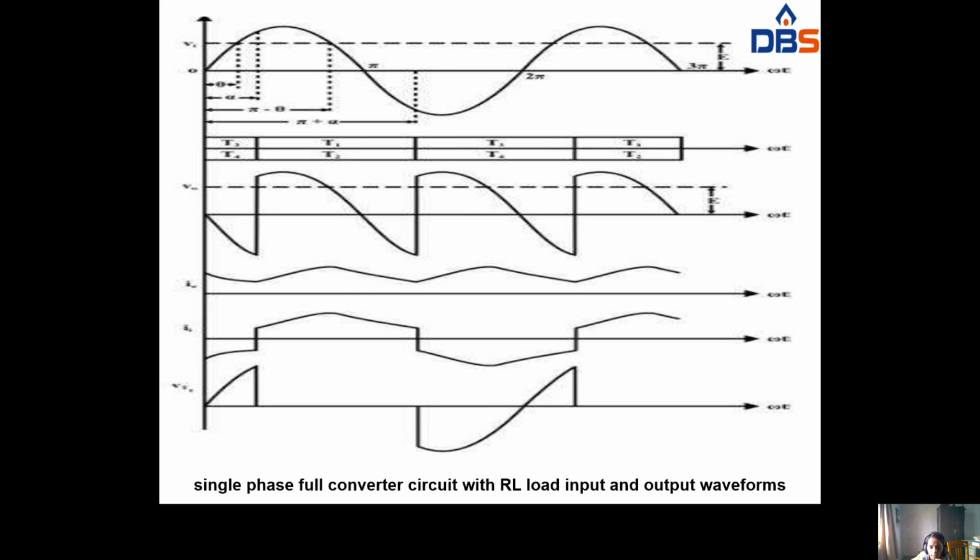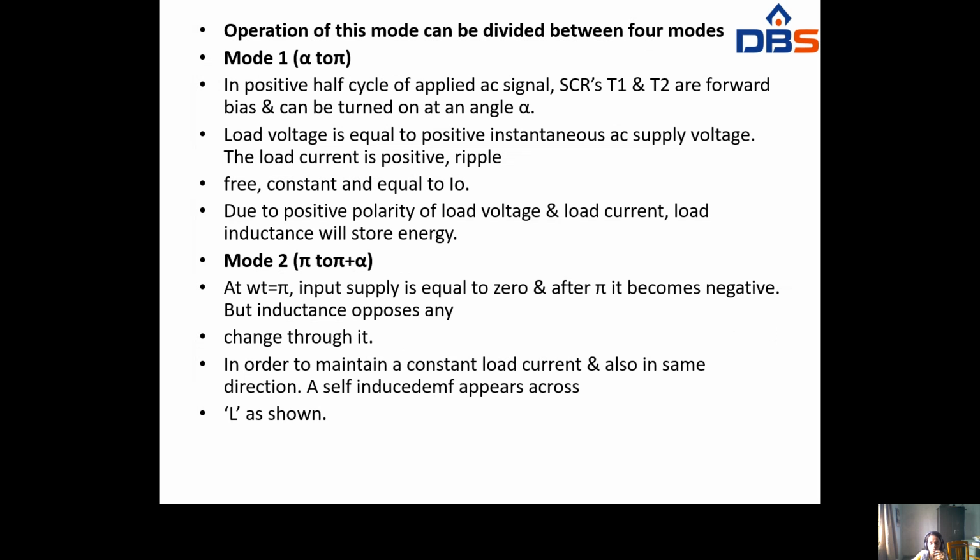Okay. So next we have to see the operation of the single phase full wave rectifier with RL load. We discuss the modes of operation. In mode 1, from alpha to pi, whenever we give a firing angle of alpha, it will conduct up to pi. In the positive half cycle of the applied AC signal, SCRs T1 and T2 are forward biased and can be turned on at an angle of alpha.